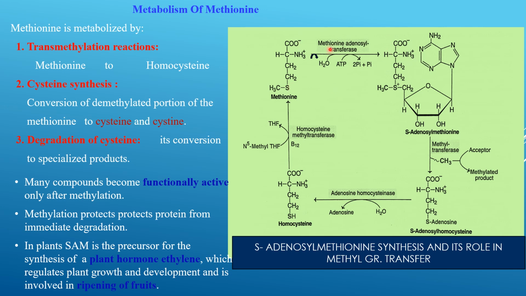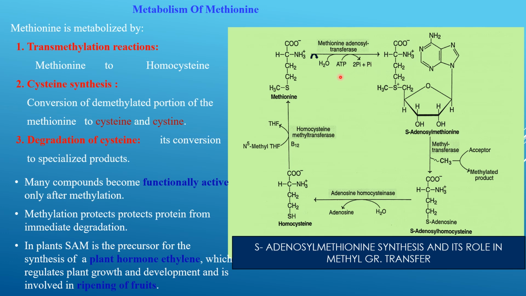It is now attached with the sulfur of the methionine, in the presence of the enzyme methionine adenosyl transferase, with the loss of water, and 3 ATPs are required for this conversion. In this reaction ATP is converted to pyrophosphate and phosphate.